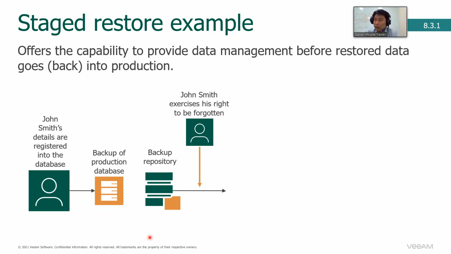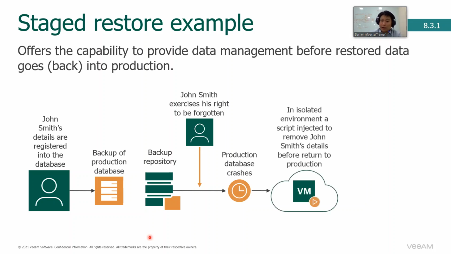Okay. So over here, what happens? When John Smith deleted the account, I was not able to do a latest backup and the DB crashes. Then what happened? Your database crashes. When I try to restore from my backup, John Smith's data will still be there, right?